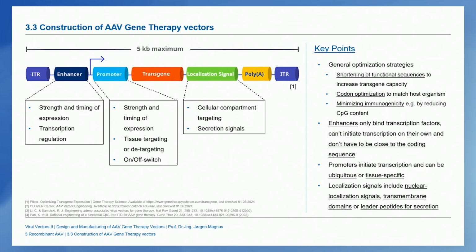And then the vector genome itself, you need, of course, the transgene itself. So this is the most important part, the gene of interest, sometimes referred to as the payload. You need a promoter to be able to express it.